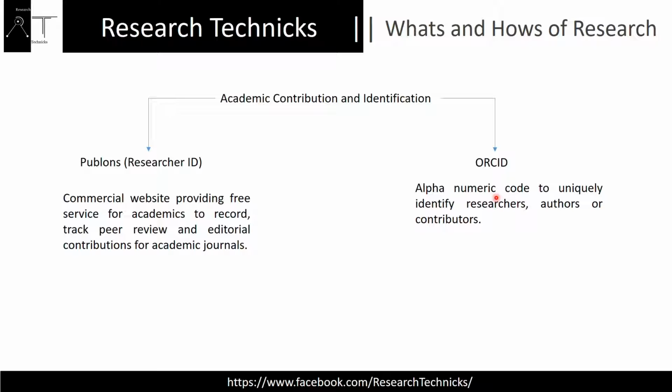When you create this ORCID, you will be provided with a unique alphanumeric code that will only and only identify you. Similarly, this researcher ID will also uniquely identify you. Both are free, and both have lots of benefits. So we will see next what the benefits are.